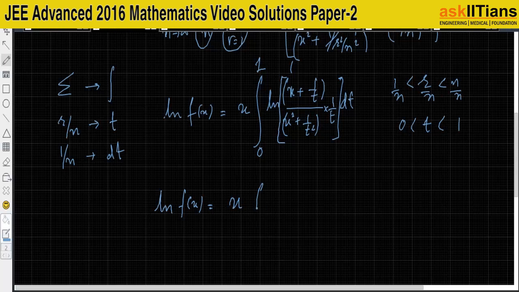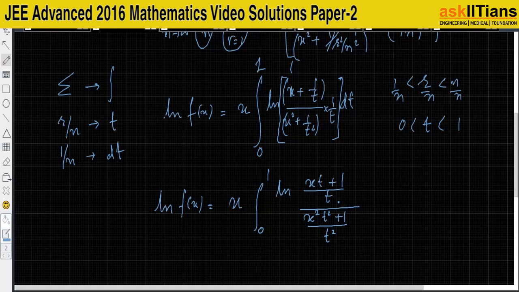Now it's very easy. This is 0 to 1, and here I'll get ln of, if I take the LCM, xt plus 1 by t whole divided by x square t square plus 1 divided by t square.